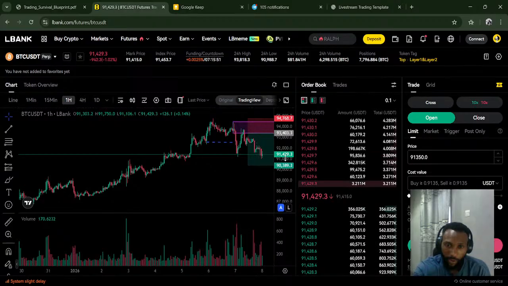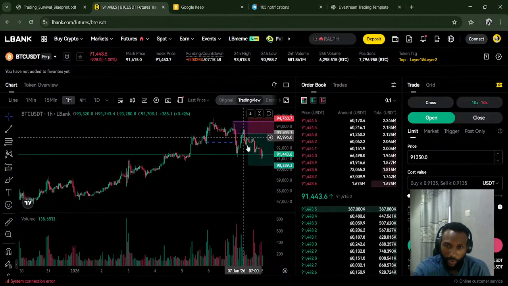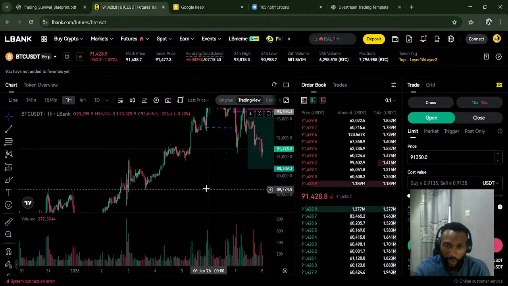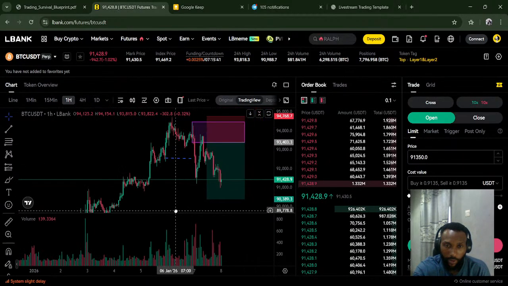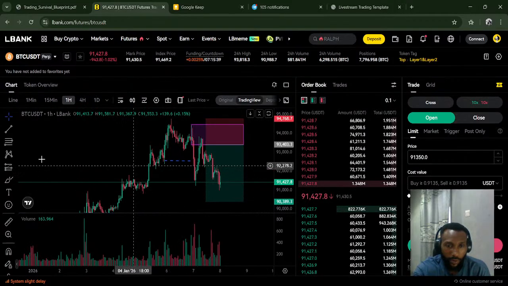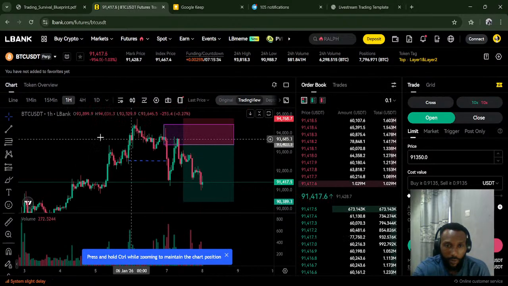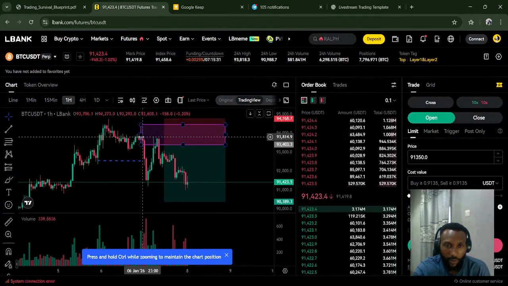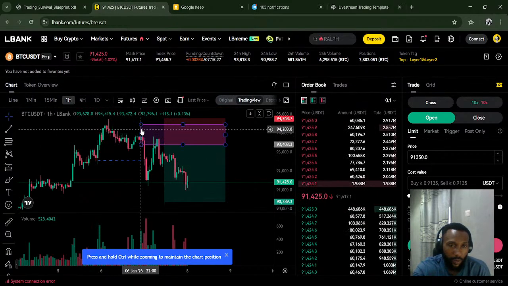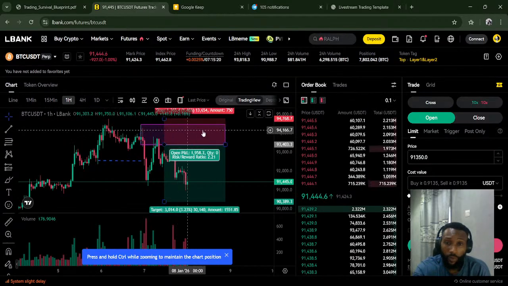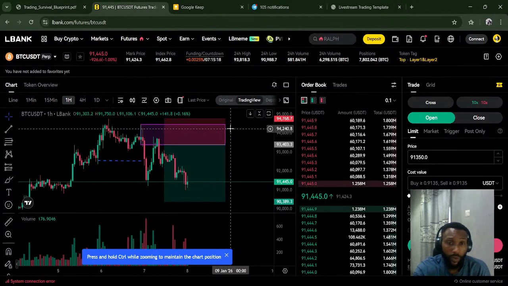Check out this trade that was an SMC strategy I used to trade, this one that is already going my way. This is a trade I analyzed yesterday. You can see, it was the other block.